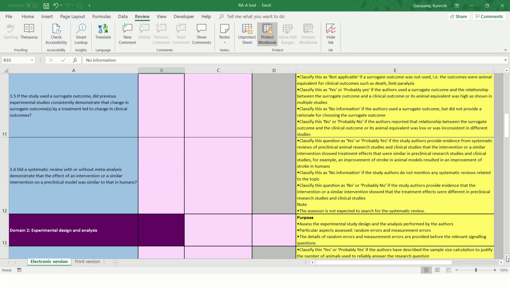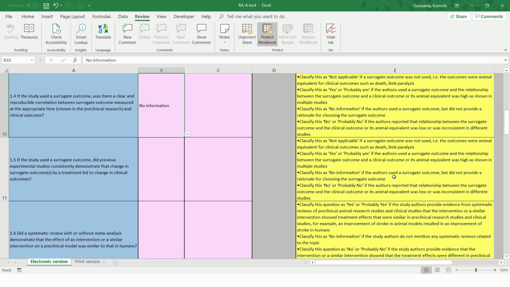So next question, of course, we know that the study used surrogate outcome. And while answering this question, we have looked at what the authors have done, and we know that there is no information. Let's just make sure. But do not provide a rationale. Yes, that's what we are selecting here as well.